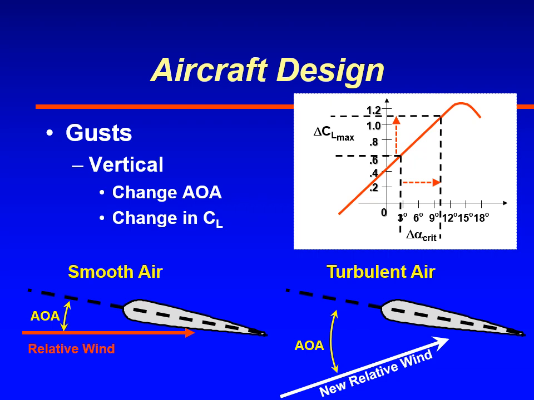So as your gusts occur, you have a new relative wind, which means the angle of attack is changing. So if you look at the coefficient of lift curve with angle of attack, you see that as your angle of attack changes, so does your coefficient of lift. Your coefficient of lift will change.